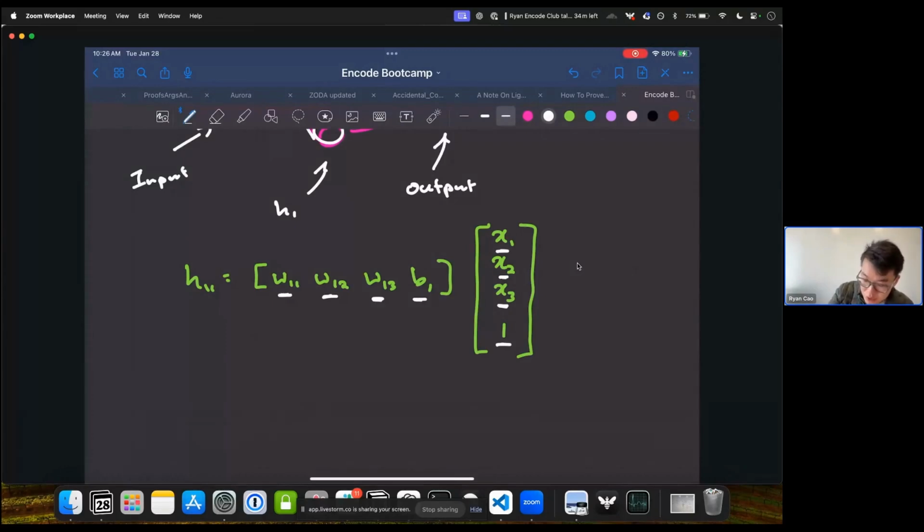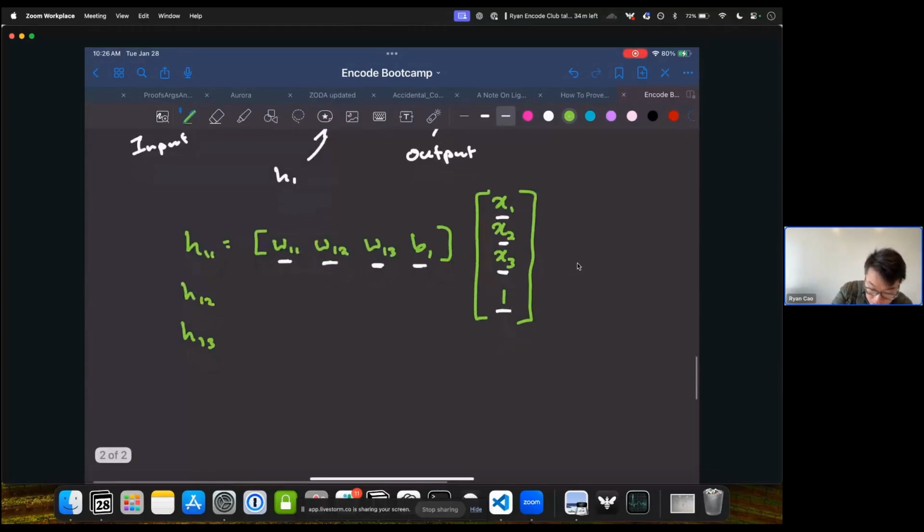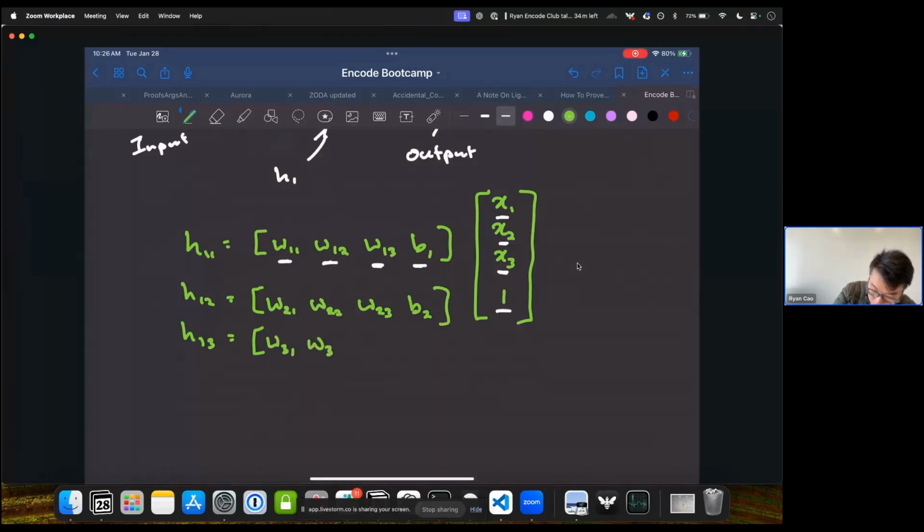Now, if we were to stack all of the h's together, h11, h12, h13, and do the same thing, all we have to do is put all of these weight vectors on the left side. So this would be w21, w22, w23, b2, and then w31, w32, w33, and b3.